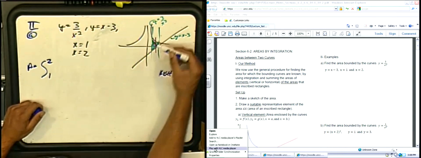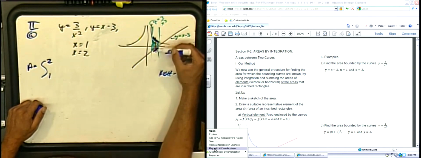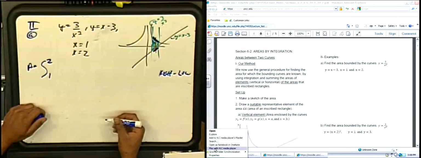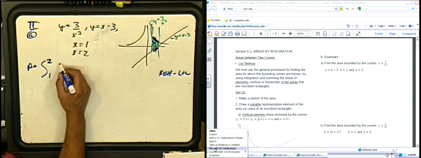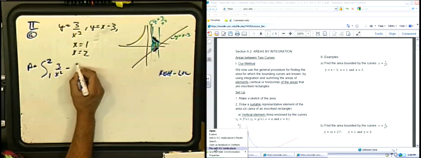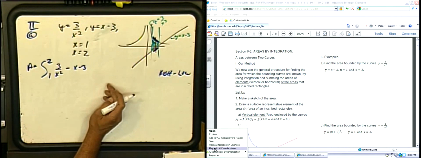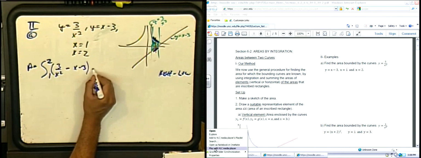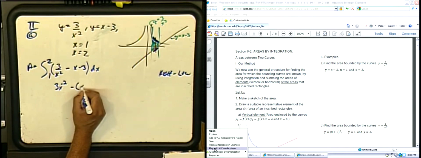The high is this, which is higher than this one in between those boundaries. So 3 over x squared, the high function, minus the low function, x minus 3, dx. I'm going to rewrite this to 3x to negative 2 minus x minus 3.